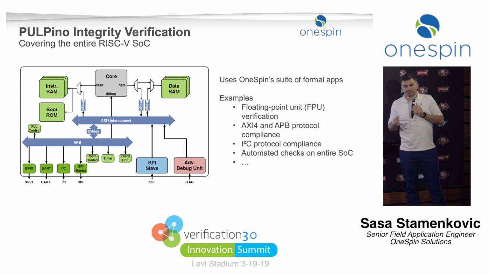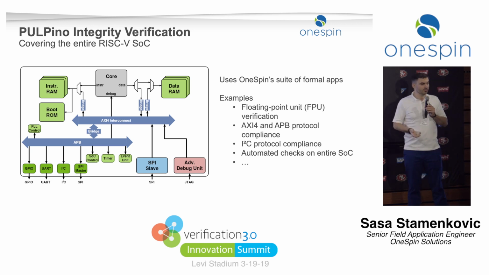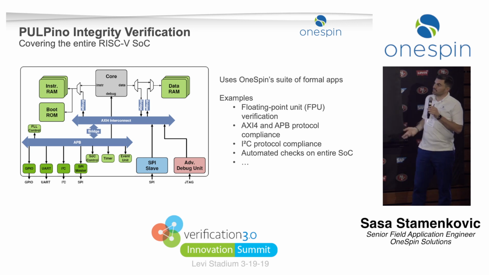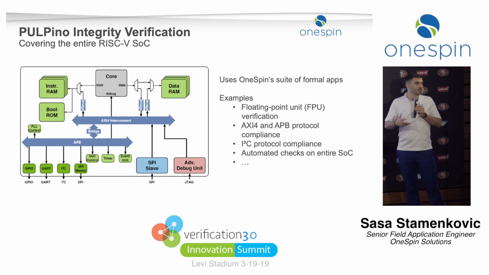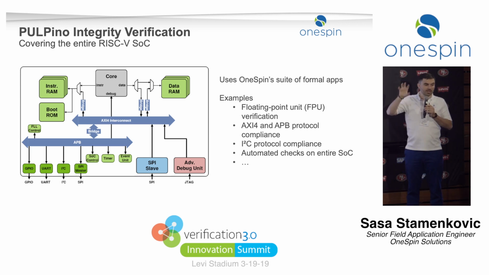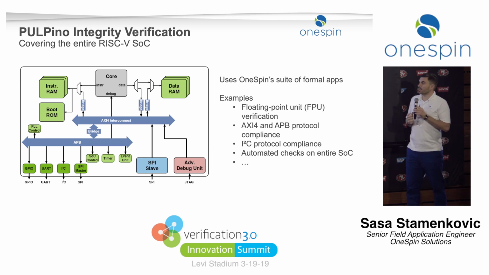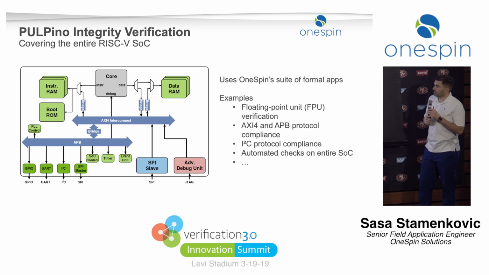A big advantage we try to use from the tool is not only to create this solution, but since there are many added features that are not part of the ISA, we used one of the standard apps that come with the tool: automated checks, verification IP, floating point unit, and many others, which we use for the verification. And then later on, we've been adding these operational assertions using gap-free to verify the core functionality of the SoC itself, according to the standard.